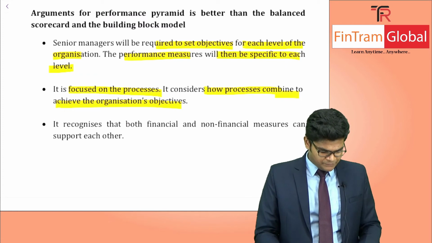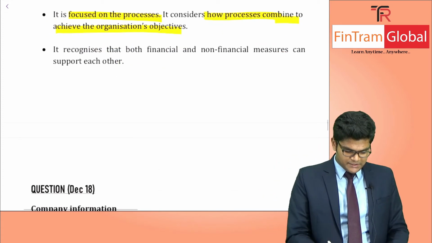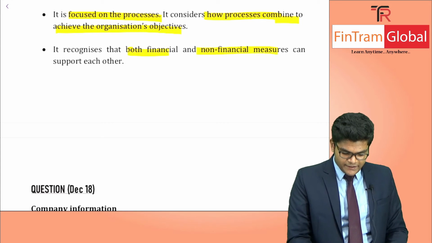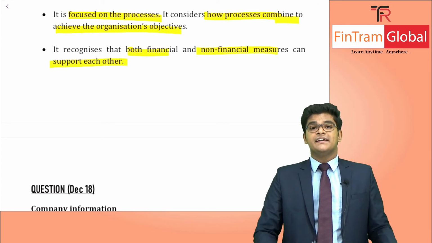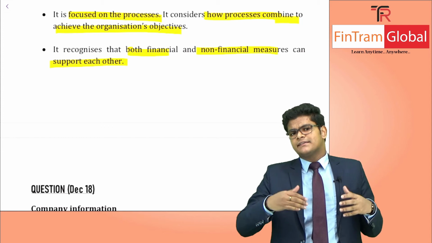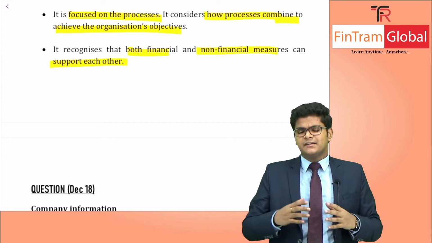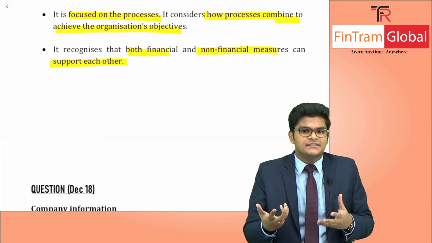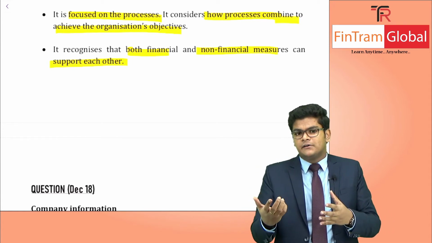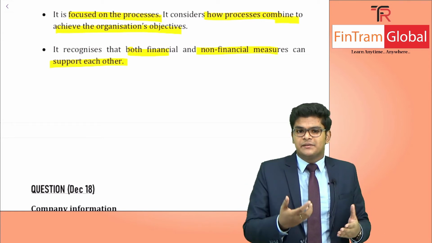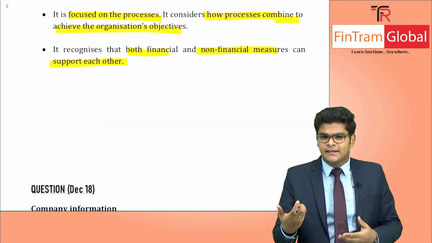And what else? Finally, there is another argument which states that it recognizes that both financial and non-financial measures can support each other. Because if we take any other approach other than the performance pyramid, there is an argument stated by people who are against the other approaches such as the balanced scorecard and the building block model.